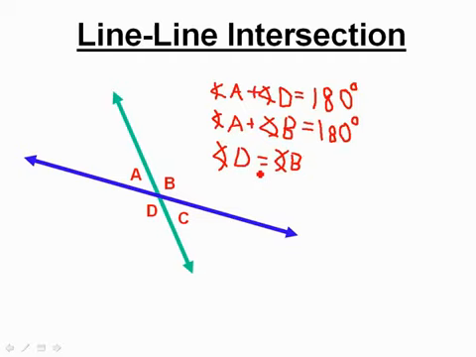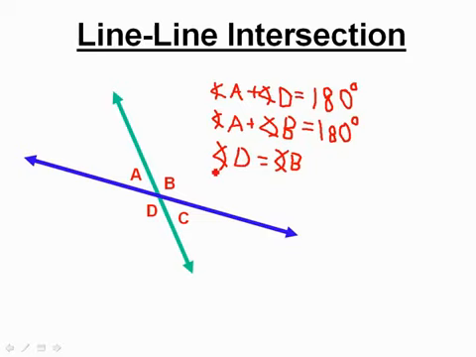Because the concept here is that if you're moving along the green line, you got 180 degrees. It's a straight angle. If you're moving along the blue line, you got 180 degrees. It's a straight angle. But that would mean that if you add either D or B to A, you'll get 180 degrees. And then by equality properties, that means D equals B, or angle D equals angle B.